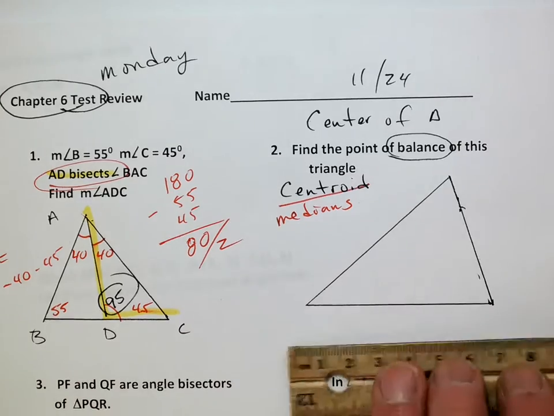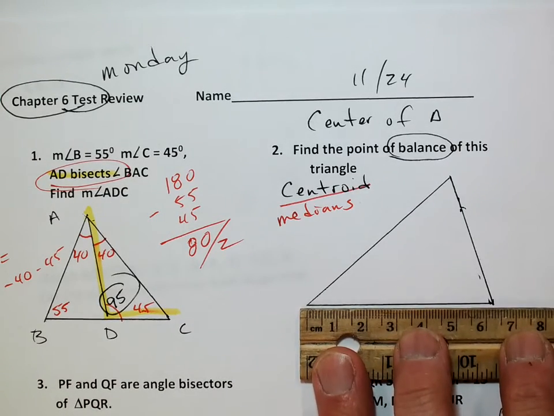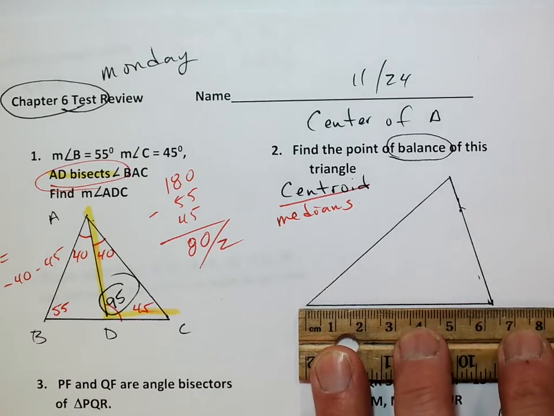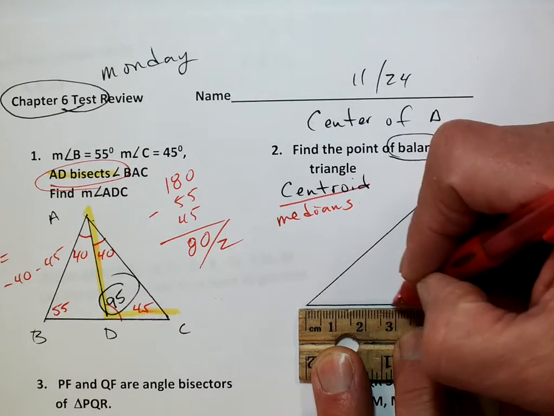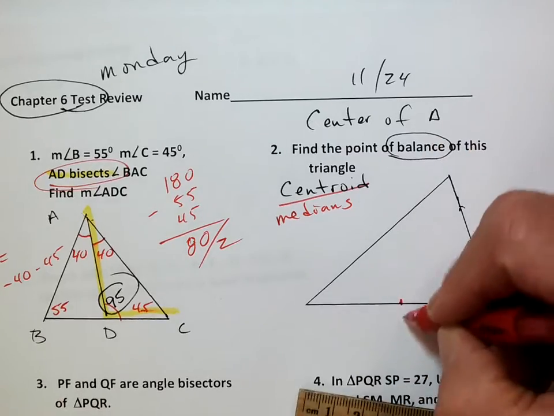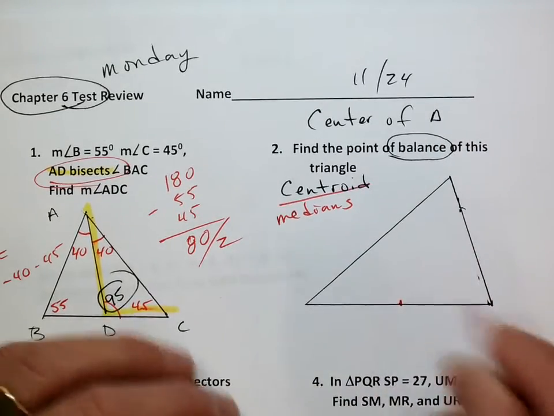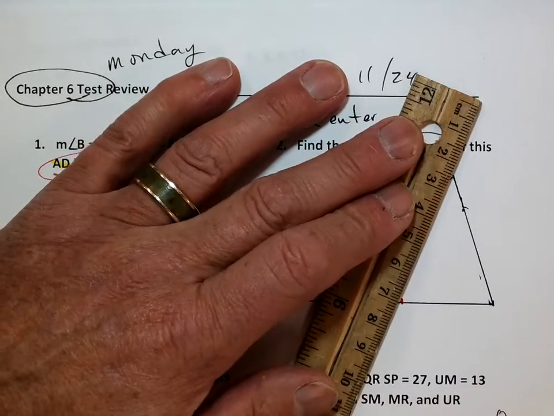Let's measure. And I want you to do this on the test, measure. I get about 6.4, half of that would be 3.2. So 3.2 is about there. There's one middle, okay?